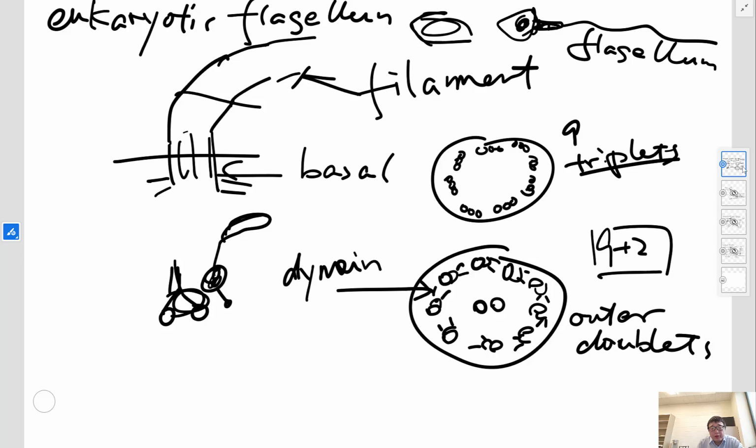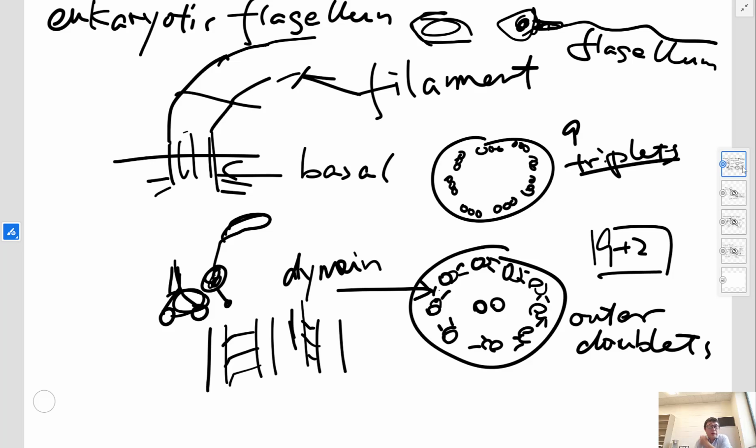The tail is anchored this way, and the motor is somewhere here, and the stalk can move the other doublet basically in this way. For example, these two doublets are somewhere here. When it's moving, one is up, the other is down. So it generates a slide between these two doublets.